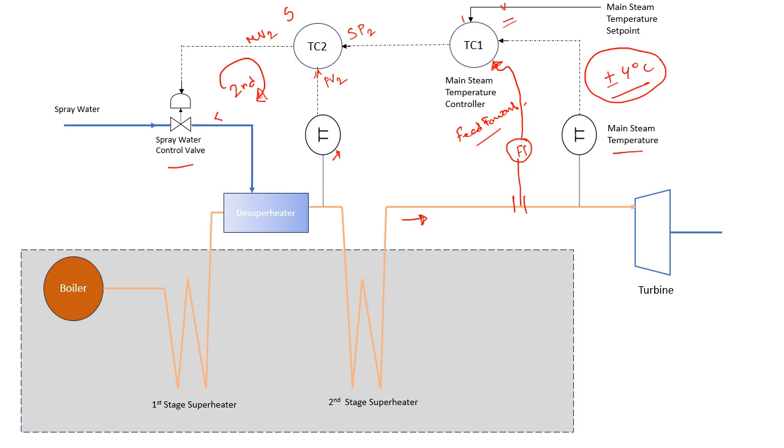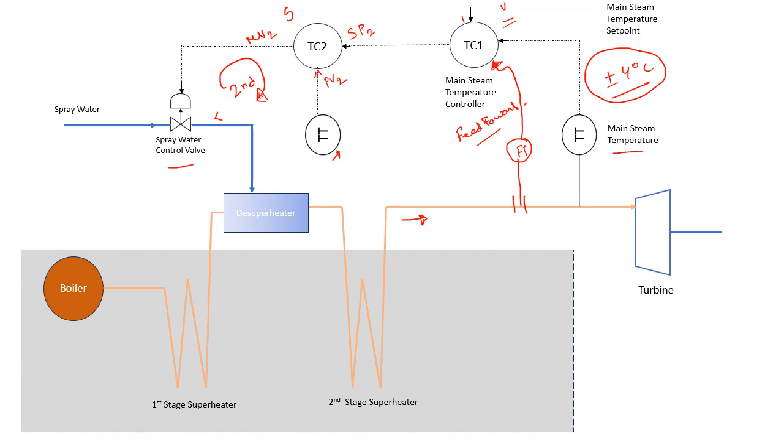So in summary, for the main steam temperature control, there is basically a cascade control. In cascade control, there are two loops. One is primary, another is secondary. The secondary loop constitutes the temperature transmitter at the outlet of the superheater and the temperature controller.